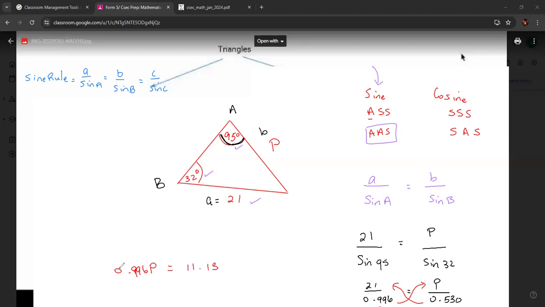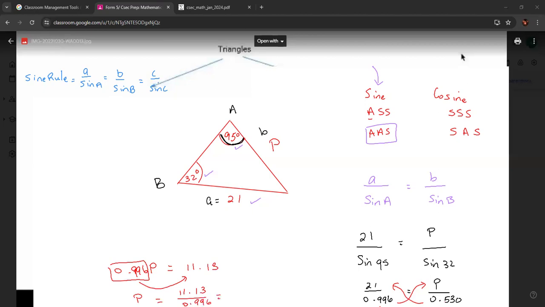In order to find out what is P, I'm going to carry this across. It was multiplying. So when it goes across, you're going to be dividing. So you'll have 11.13 divided by 0.996.